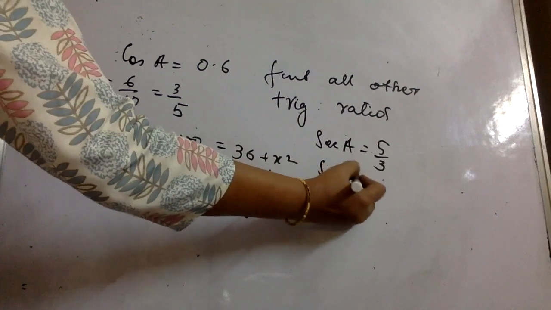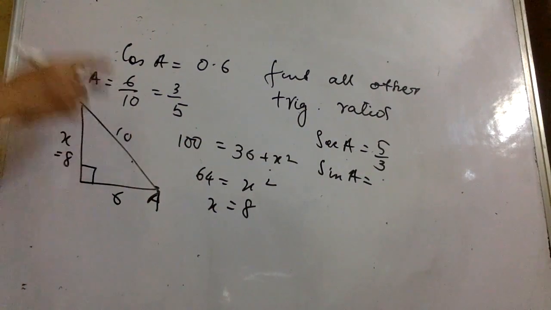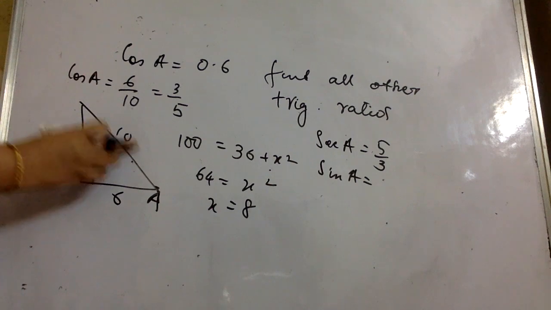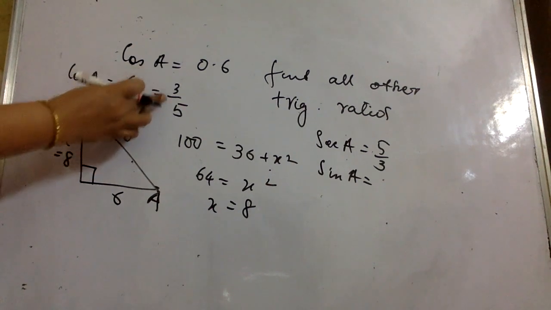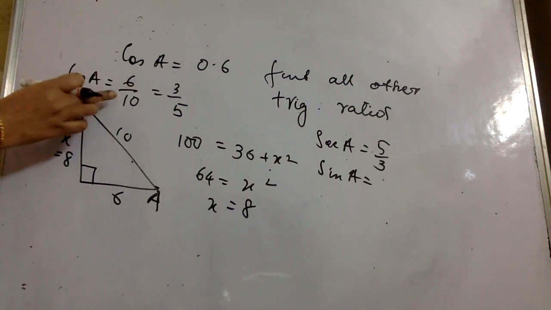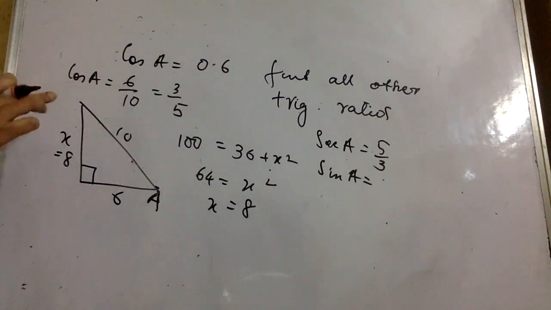Sin A, take it from here. That is, sin A is 8 by 10, right? Sin A is 8 by 10 and you could have put 3 by 5 also here, but since I have taken this value, I will have to reduce a little bit in the final answer.